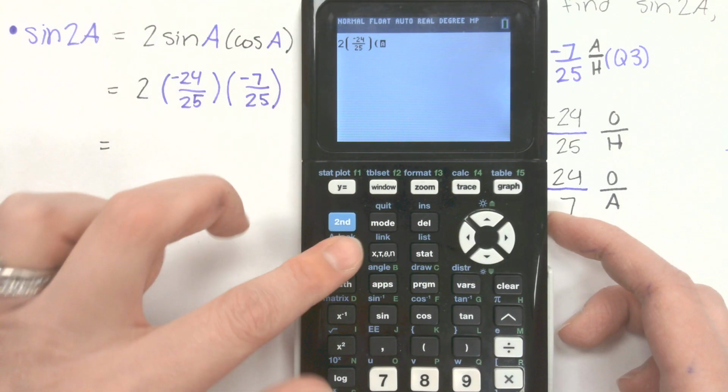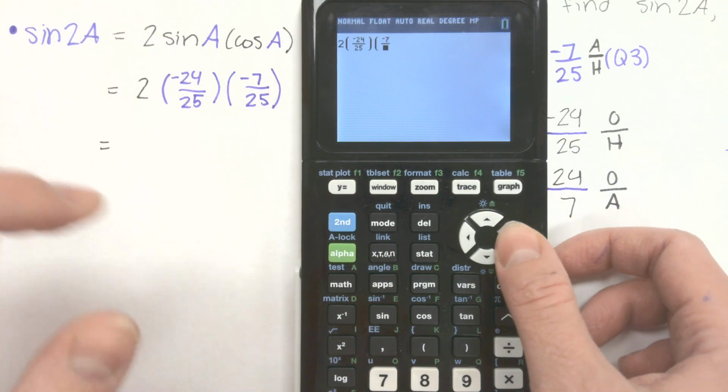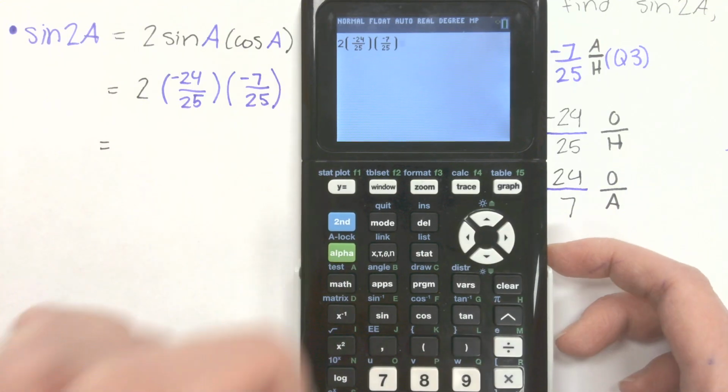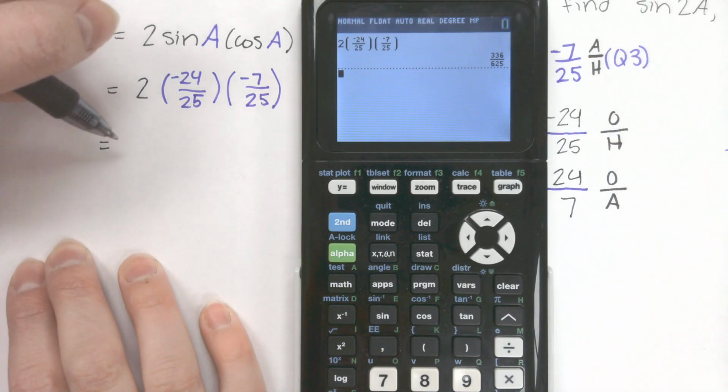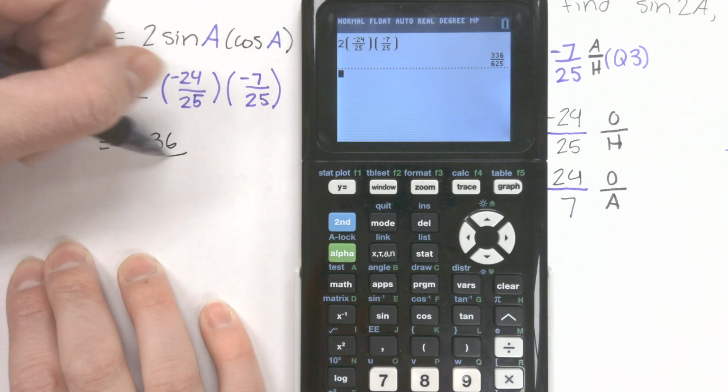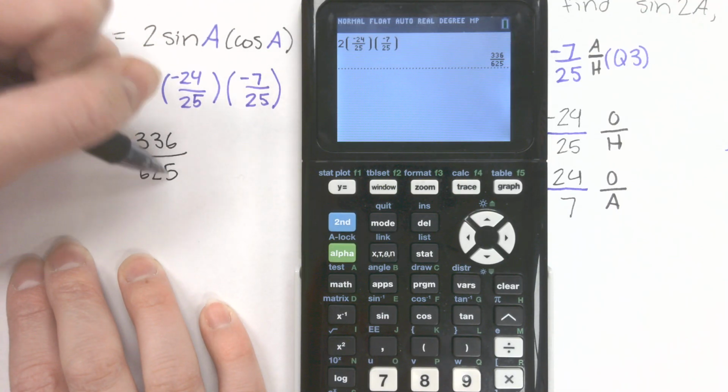Parentheses, then I'll do the alpha x. Yep. And what's nice is these calculators automatically reduce for you as well. So as long as you set it up correctly, you can just type that whole thing in and get your fraction. 336 over 625.